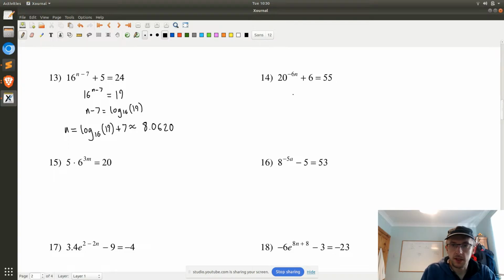Take 6 from both sides, so 49. Like that. And then log base 20 of both sides. And divide both sides by negative 6, rather.